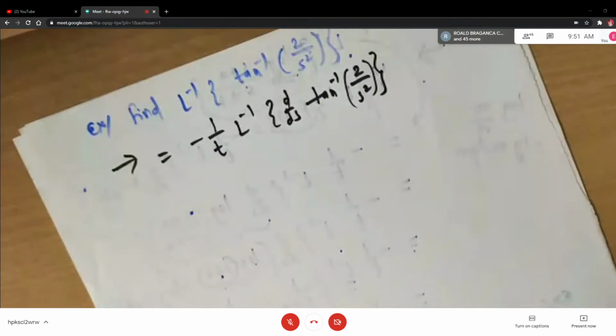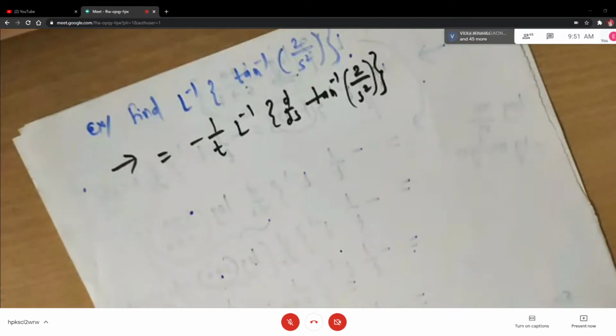So nothing I did, I just replaced f of s by tan inverse of 2 by s square. Now see, some student has posted the formulas on Google Classroom, and the same I have shared with Diploma Classroom also.